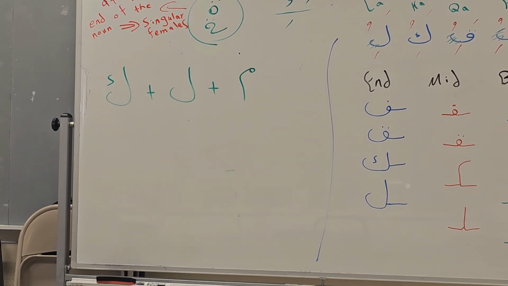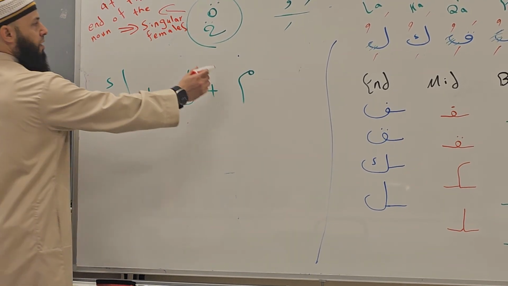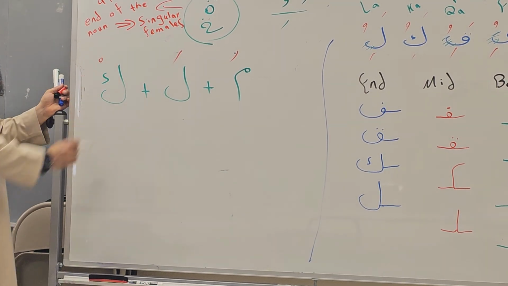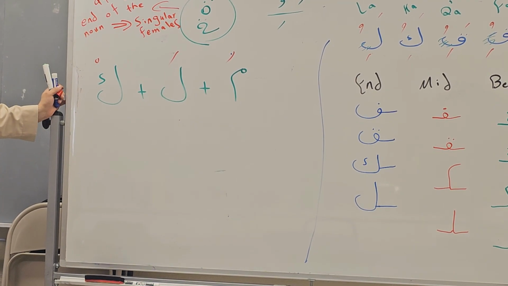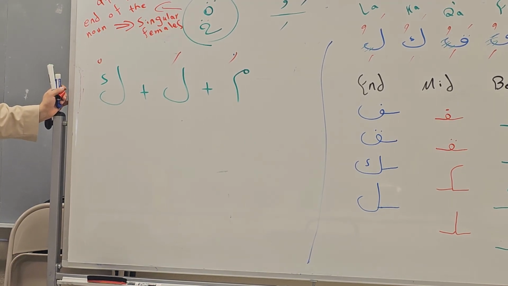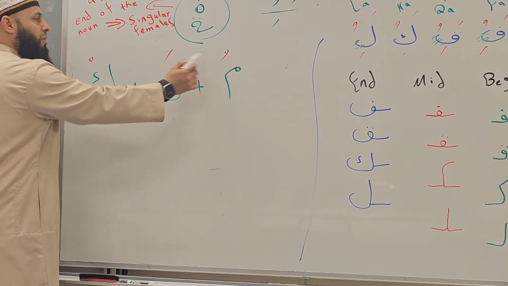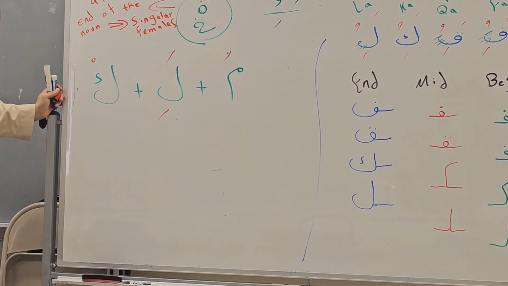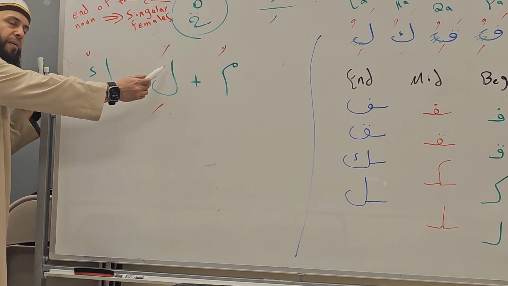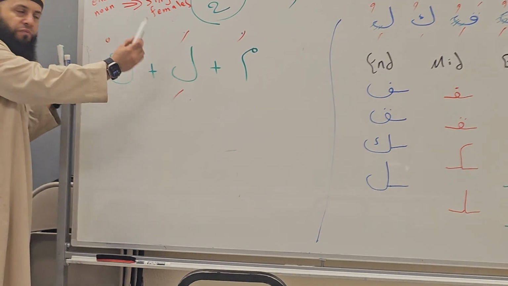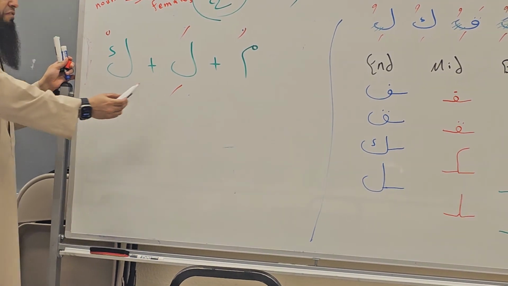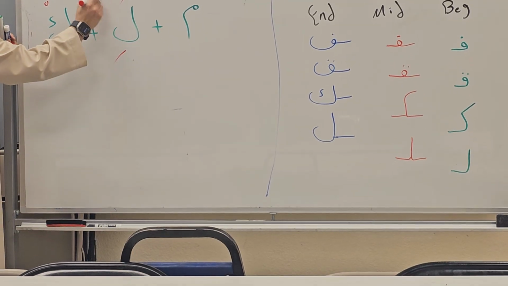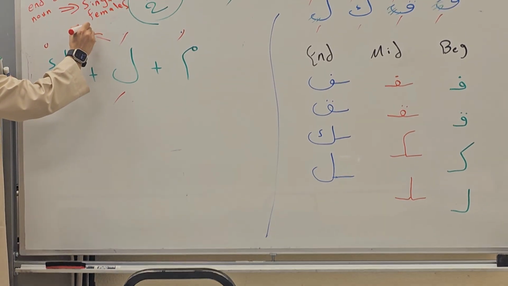Okay? So, if it has fatha, fatha, sukoon, malak, which means angel. If it has kasra, malik, which means king. So if the la has the fatha, it's angel. If the la has kasra, it means king. So when we have fatha, it's what? Angel.